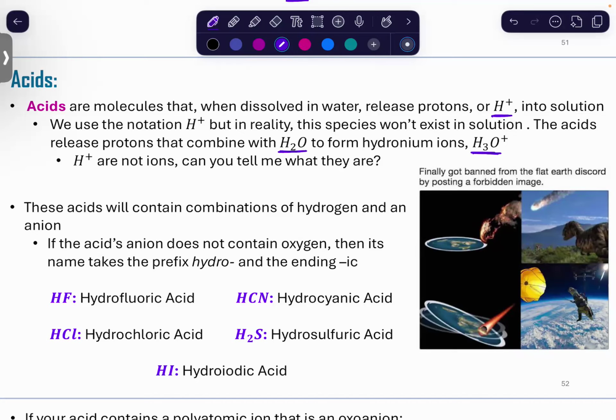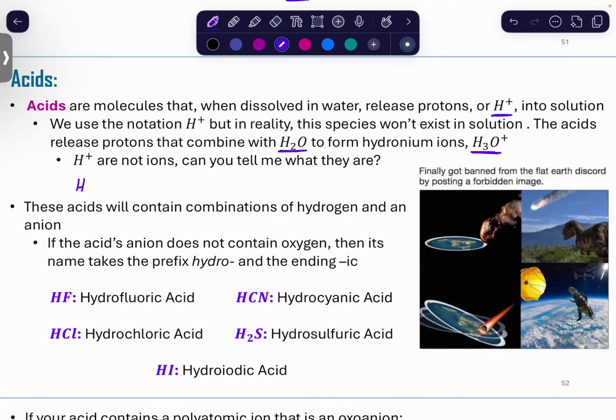Now, the reason that protons, your H pluses, are not in solution is something to think about, because what is an H plus? We'll get deeper into this a few chapters down, but I want you to realize what an H plus actually is.